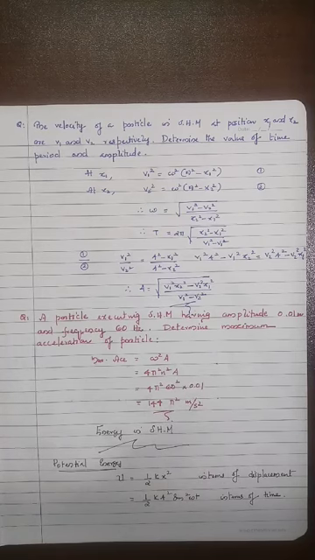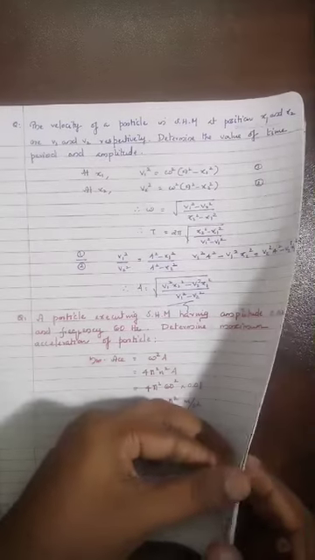So we know another very important concept, energy in simple harmonic motion. The potential energy in terms of x, in terms of time, you can substitute x is equal to a sin omega t. So half k a square sin square omega t. Then what is k? That is very important. We can discuss later.